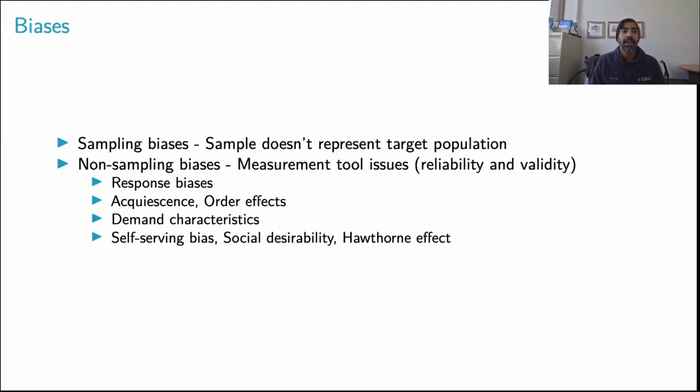And then we talked about sampling biases, where the sample doesn't represent the target population. Often when you read papers, you'll see that the population they sample from could be something like university students, a typical one in psychology. They sample from university students, but then make claims that generalize beyond the scope of the population they've sampled from.